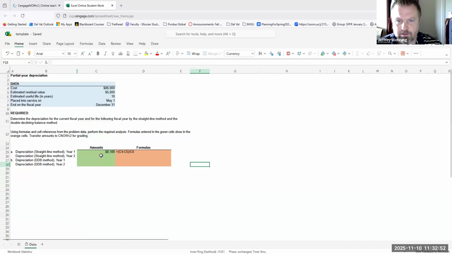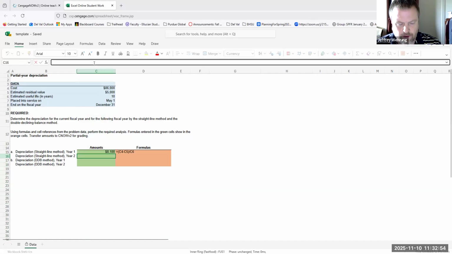Sheet is protected. I get it. This sheet's protected. It's not going to let me cut and paste. Okay, so I have to do this again. So my normal year is going to be my cost minus my residual divided by the number of years.